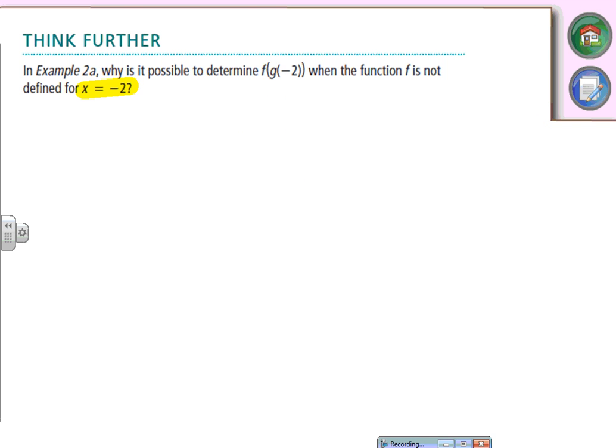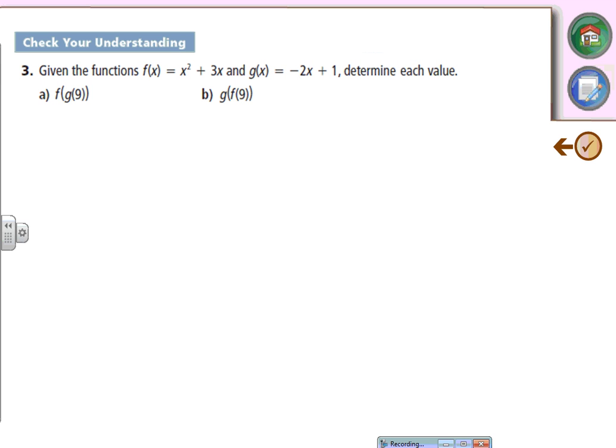If we can't put -2 into the f, why are we still able to go and say g at -2 and then find the f of g at -2? Write that one down.